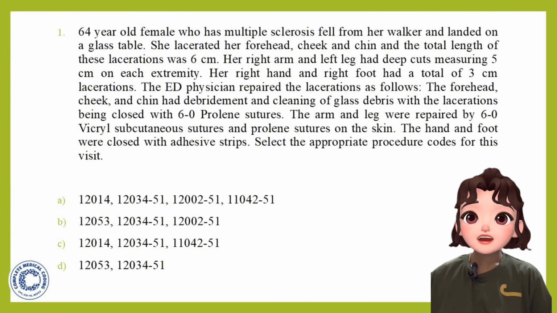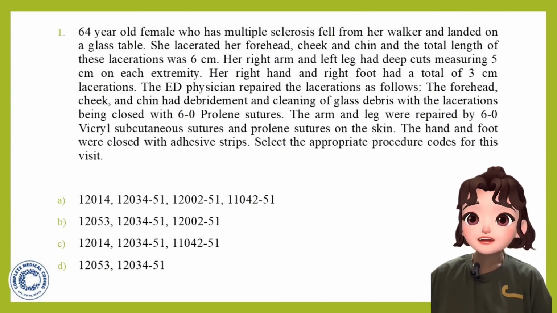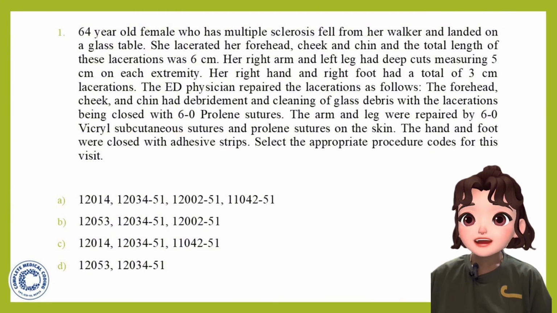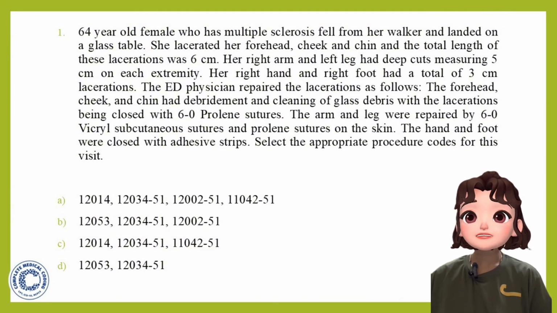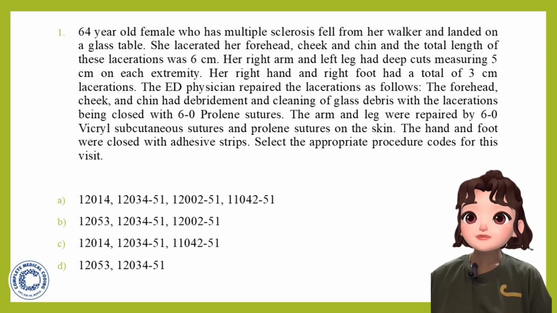The right arm and left leg had deep cuts measuring 5 cm. So it is 5 cm for the right arm and for the left leg. The right arm and left leg had deep cuts measuring 5 cm each, so it means 10.